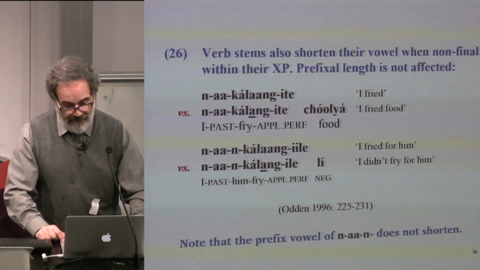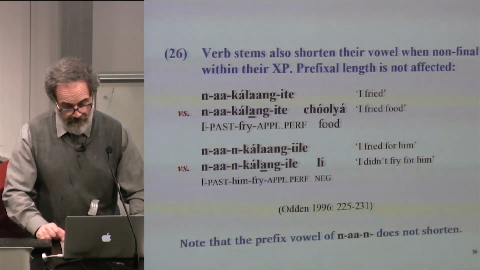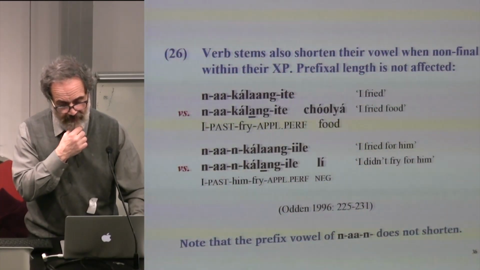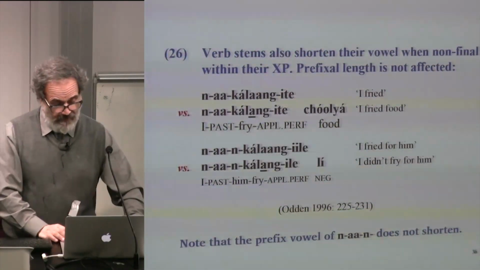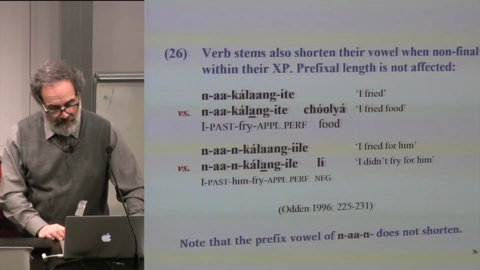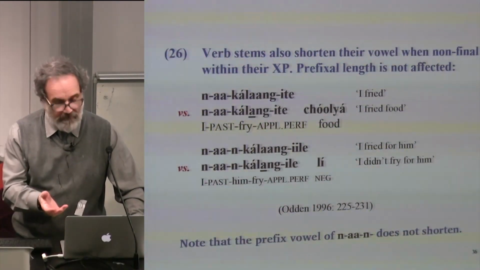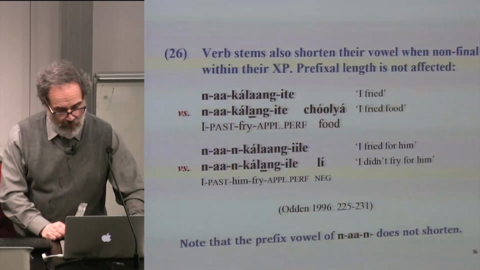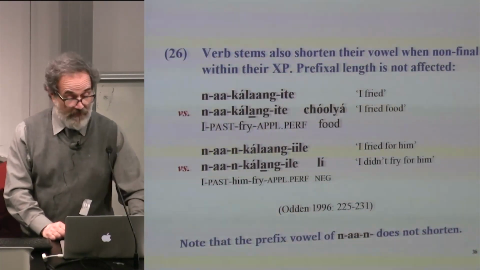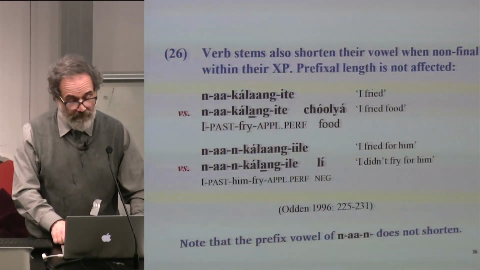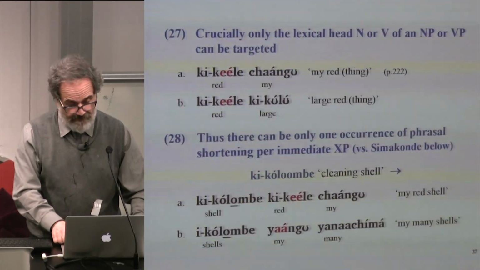Similarly, if I add the object prefix, the n that precedes kalang, him or her, and then you get ile as your ending, we now have two long vowels. There's no problem there. But when we put it in the negative, which just has a single syllable li after it, a particle there, we get shortening. Actually, I should have underlined both vowels. They both shorten, okay? So verbs also do this, although prefixes are exempt.